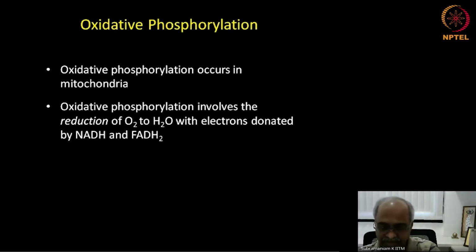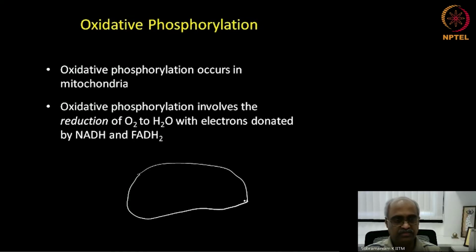But before that, I want to make sure you have a good idea of the mitochondrial structure that I think I drew last time too. I'm just going to draw a part of it. Let us say in this mitochondria we have this inner membrane.